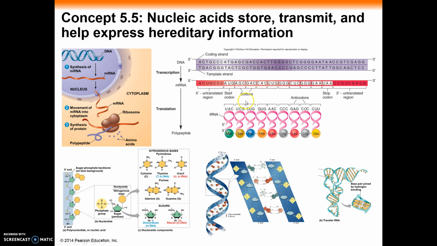That would get moved out of the nucleus into the cytoplasm, where it encounters the ribosome, and the ribosome brings in these transfer RNAs, which have a specific anticodon, which matches a codon and is coupled to a specific amino acid. And that is how the DNA can transmit the information on how to put together a particular protein.